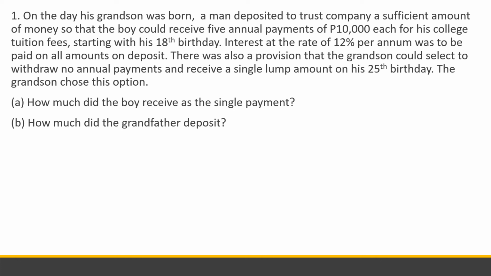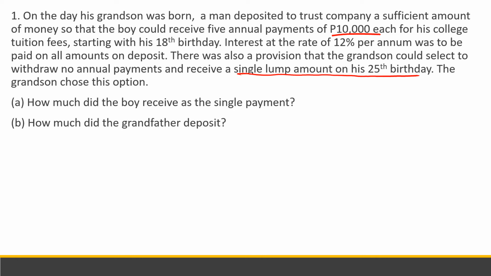There is also an option where the grandson will not withdraw the 10,000 for the 5 years during his college years and instead receive the single lump amount on his 25th birthday. So on his 25th birthday he will get the equivalent amount of what his grandfather deposited.